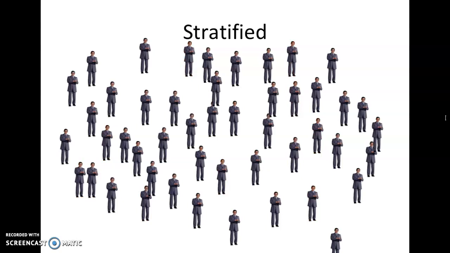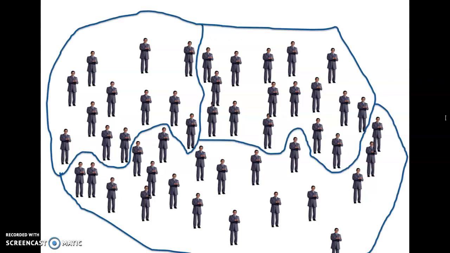The second type of sample is a stratified sample. Again, you'd have your entire population, but then you divide those into what we call strata. Usually they're chosen so that similar cases are grouped together. Then within each of your strata, you'd use another way of picking people, usually a simple random sample, to pick out your cases.